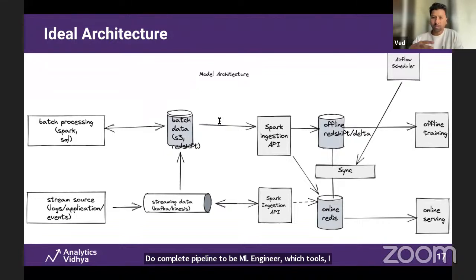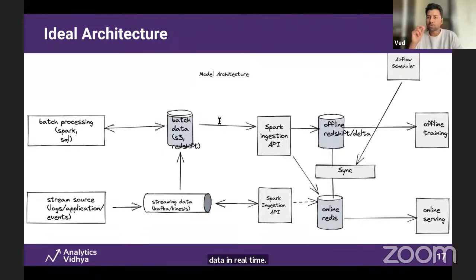I think the focus should not be on the tools. In my opinion, we should think about the different patterns and the challenges that industry has. If you have the model and you want to serve the data in real time, that means it needs to be solved at low latency, right?